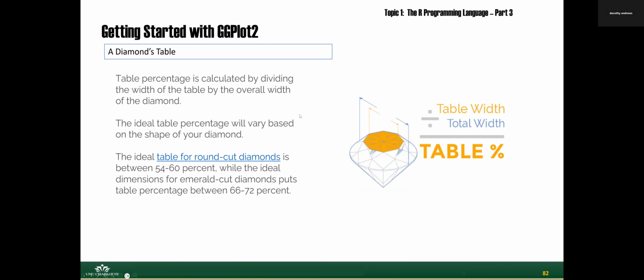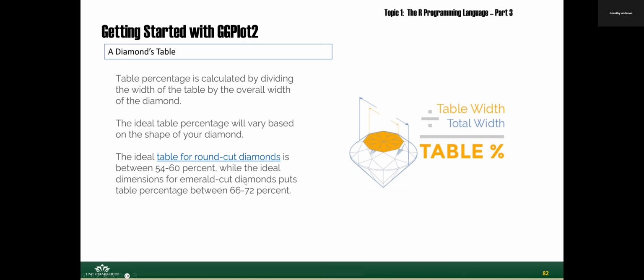If we want to look at a diamond's table percentage, this is calculated by dividing the width of the table by the overall width of the diamond, as illustrated here. For different diamond shapes, these percentages vary in terms of what's ideal. But for a round diamond, anything between 54 and 60% is considered ideal.